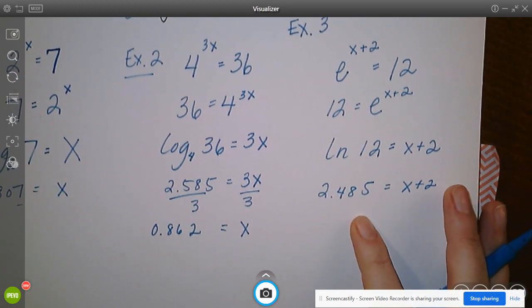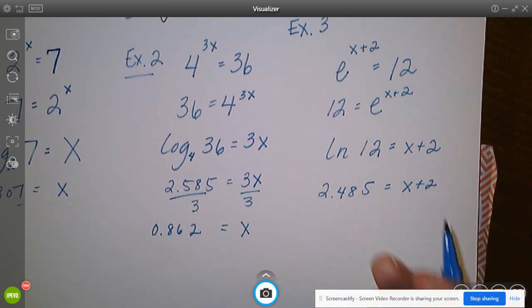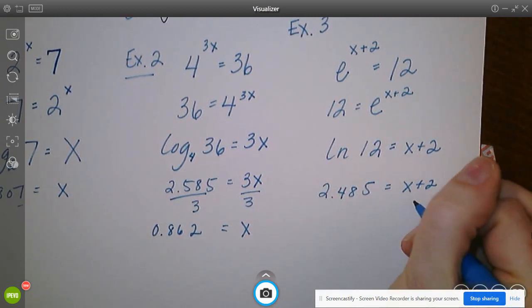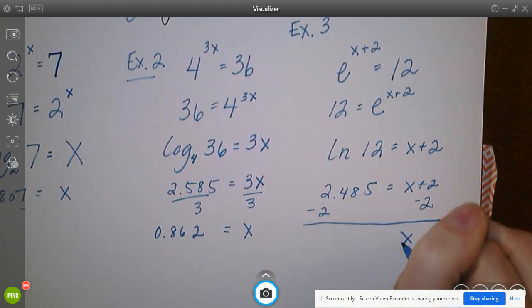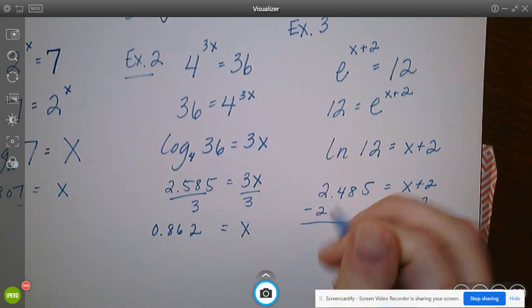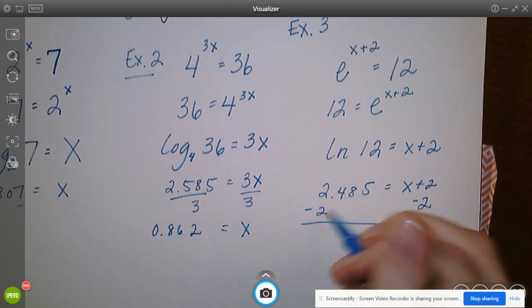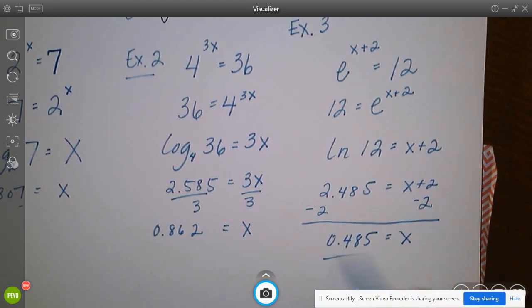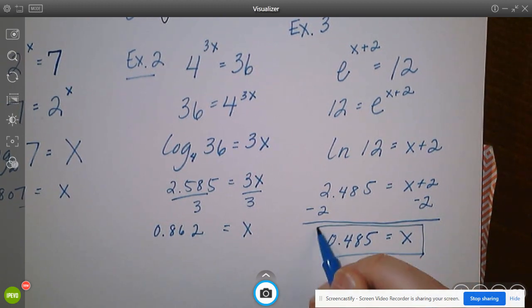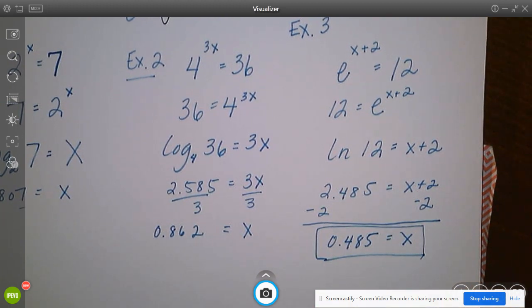So I haven't solved for x yet. I'm going to do what I normally would do if this is like a normal number. I'm going to subtract 2 on both sides. So x equals 2.485 minus 2, which is just 0.485. That is my answer. That is my solution, and it's rounded to the thousandths.